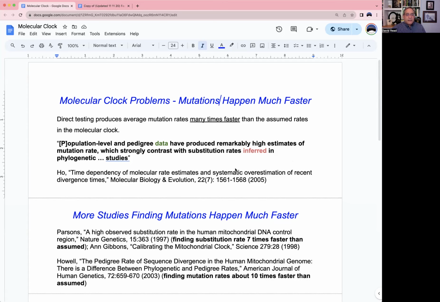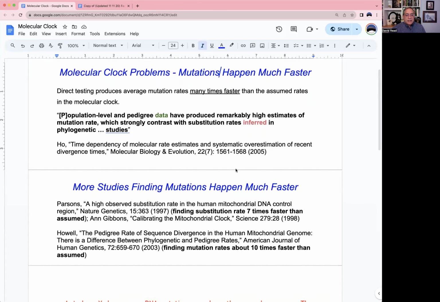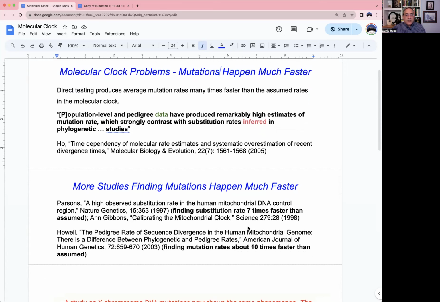And here are a couple of additional peer-reviewed studies that showed this. This one in the Science magazine, this other one in the American Journal of Human Genetics. And this one found the actual data was 7 times faster than the assumed rate used in the molecular clock.